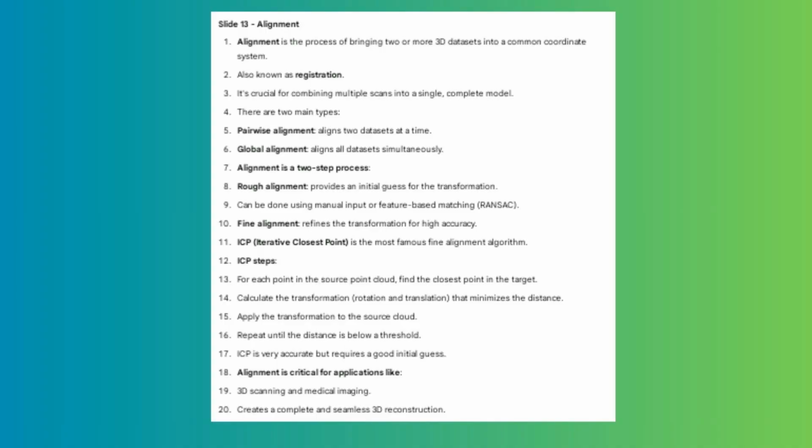ICP works by finding the closest point in the target scan for every point in the source scan. It then calculates the best transformation, that is the rotation and translation, to minimize the distance between all the matched pairs. It repeats this process over and over again until the distance is below a certain threshold.